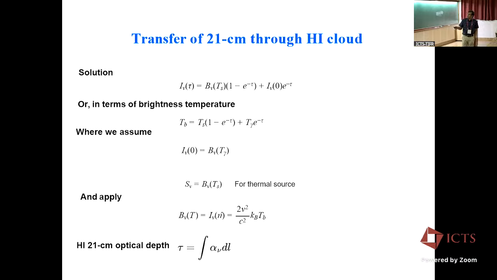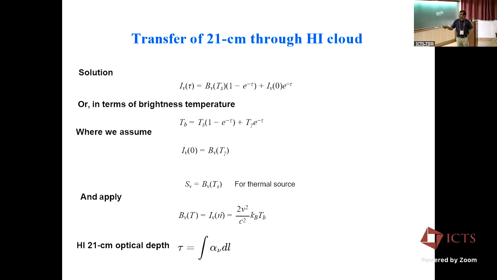So this is the solution. Now, as I said, the specific intensity can also be written in terms of temperature. You divide by 2 nu square by c square on both sides, and you will get this equation, right? So this is the solution.